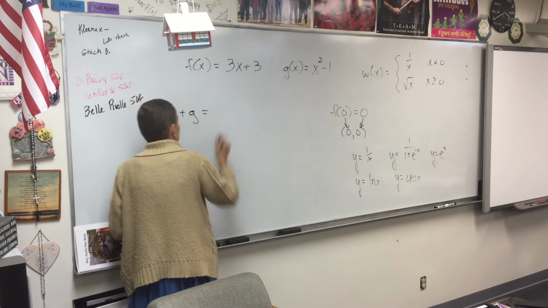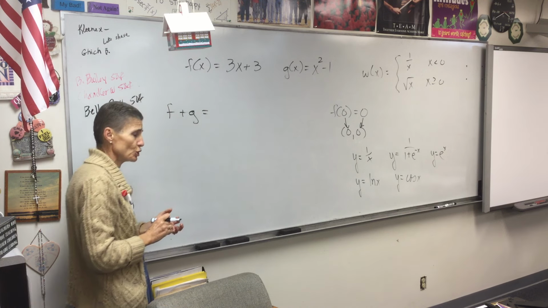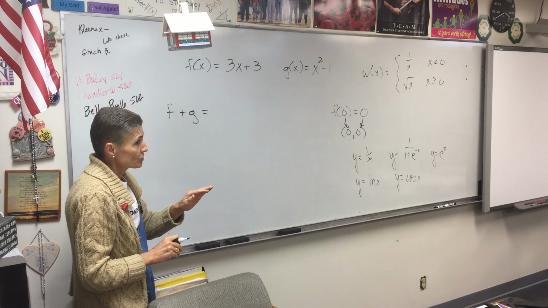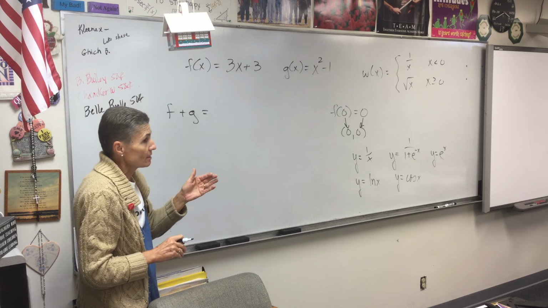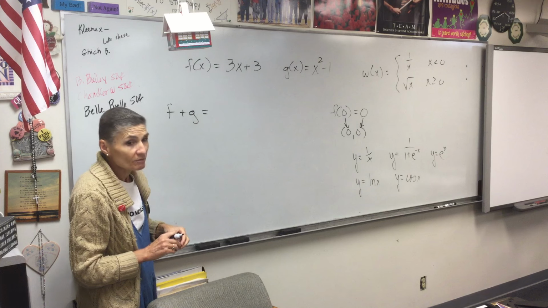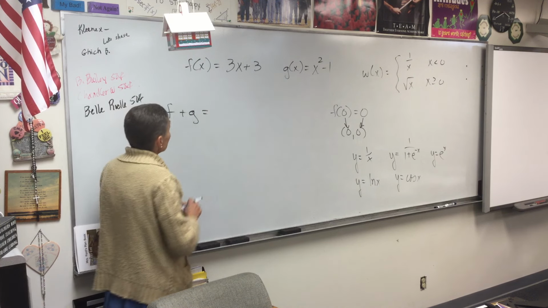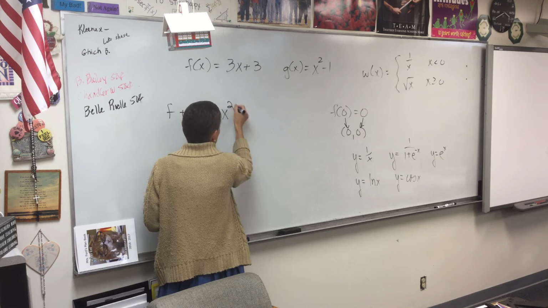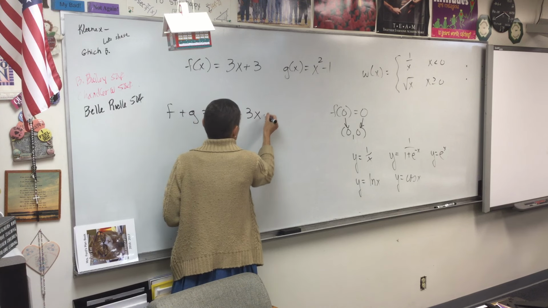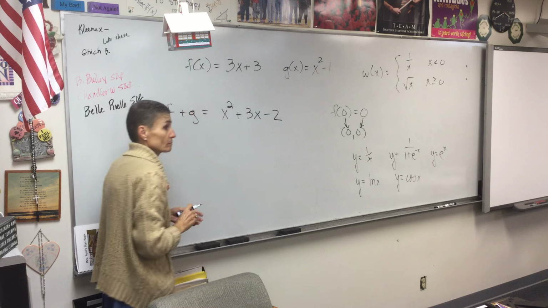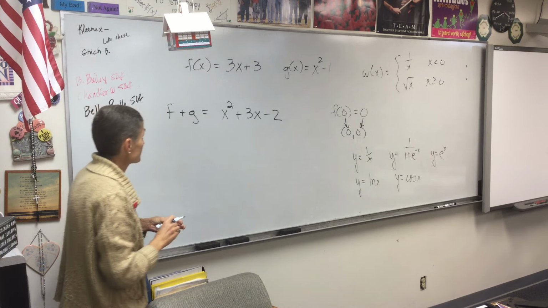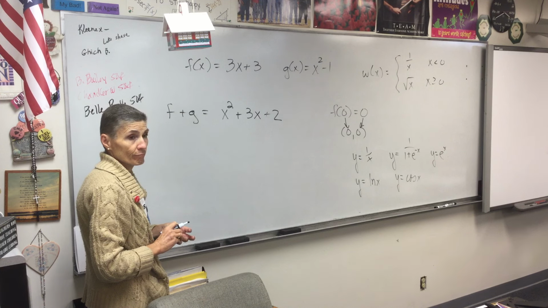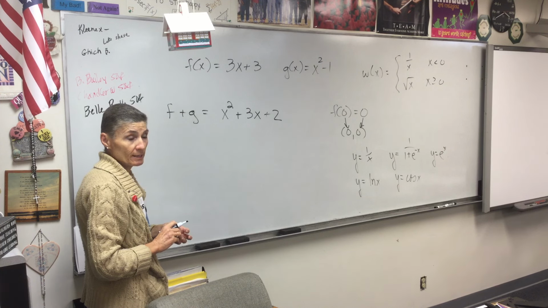So if I said to you, what is f plus g? Do not make this hard. Just take a wild guess. You take both of them and add them. So if I did that and put it in descending order, it would be x squared plus 3x minus 2? Plus 2. Plus 2? Is that okay with everybody?